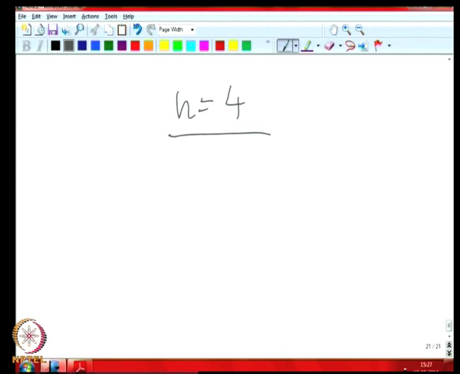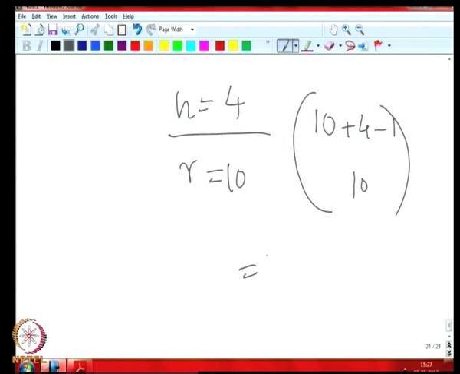That corresponds to 10 rupees here, R equal to 10. So, in how many ways can you distribute it? That is 10 plus 4 minus 1 choose 10. This is the total possible ways, the formula R plus n minus 1 choose R.